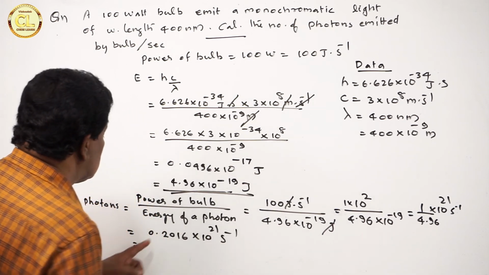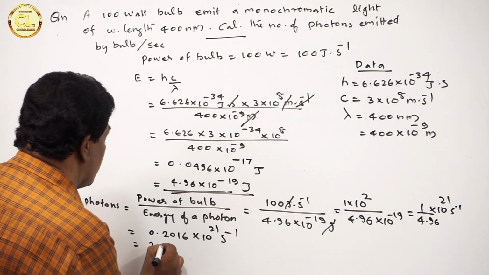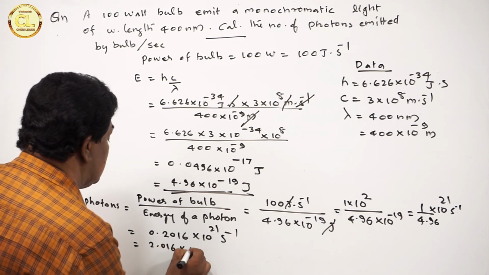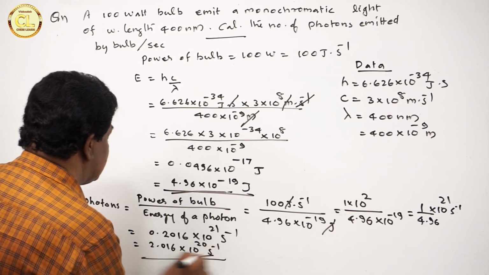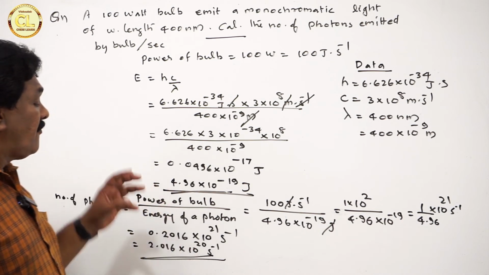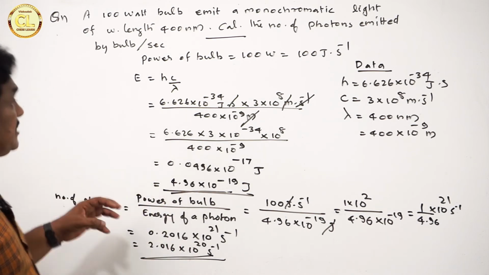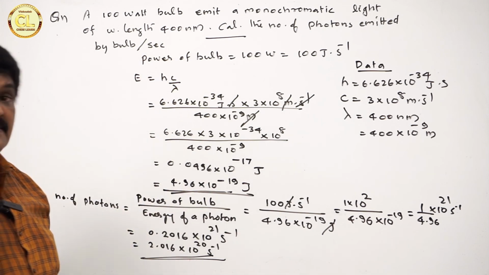Expressing in scientific notation, that is equal to 2.016 into 10 to the power 20 per second. That is, 2.016 into 10 raised to 20 photons were emitted from the bulb per second. That's all.